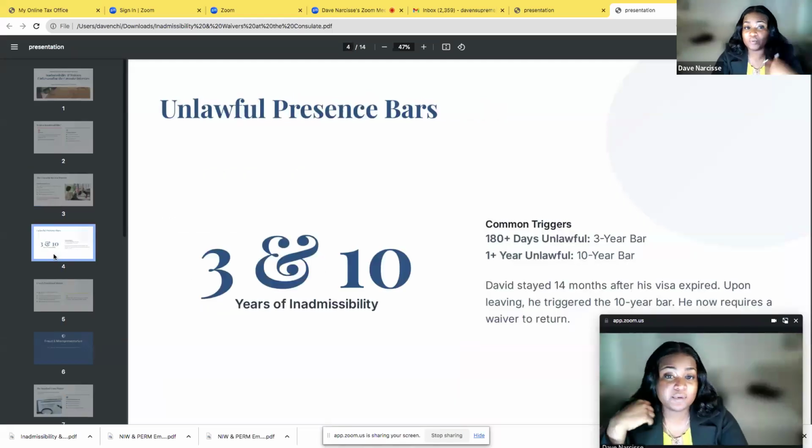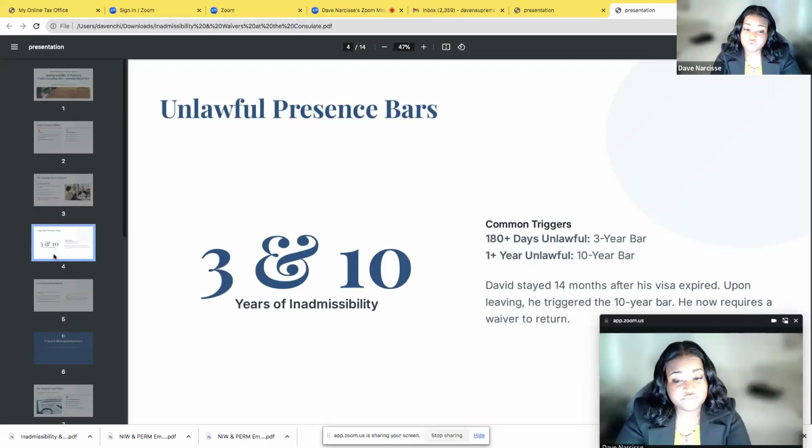So let's talk about unlawful presence bars. If you enter the United States, you are supposed to stay for a period of time. Let's say you have a visa for 6 months and you stay more than that. You stay unlawfully for a certain amount of time, and you're going to trigger bars. If you stay 180 days or more, you're going to trigger a 3-year bar.